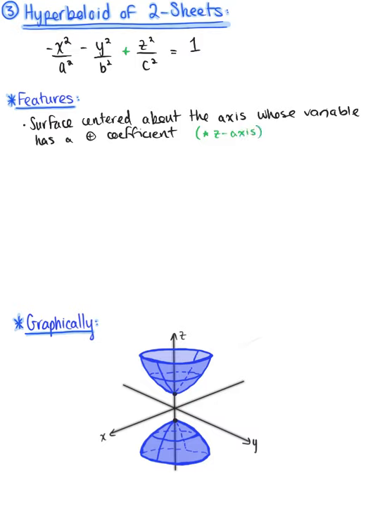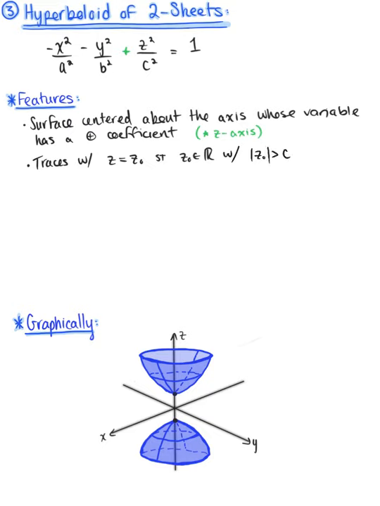So while we're talking about z, let's think about some of the z traces. I want you to note that traces with z being equal to some real number z0, such that z0 is an element of the real numbers, with the absolute value of z0 being greater than c.